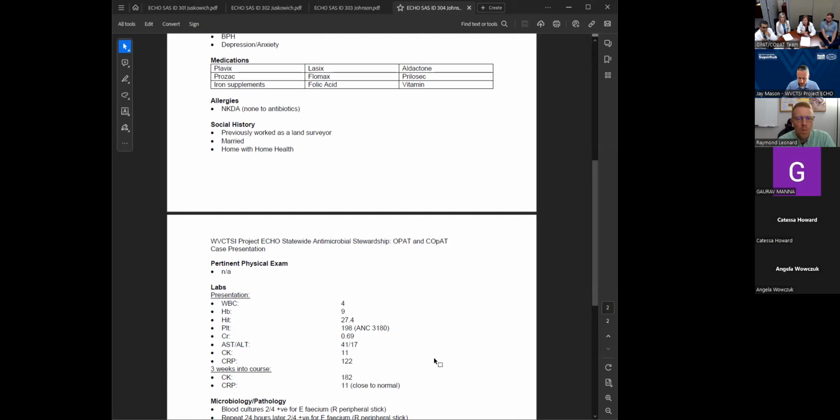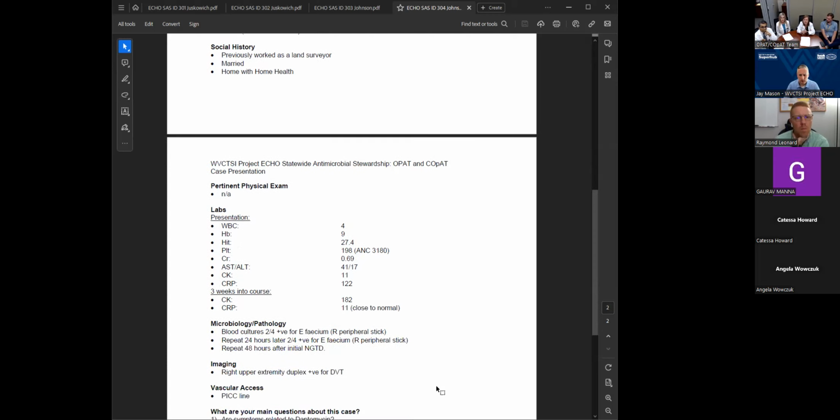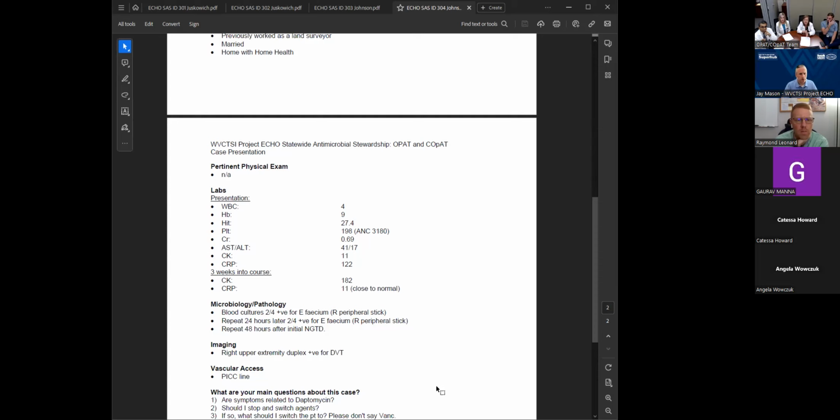His CK at that time was 11. And then about 2 to 3 weeks into course, when he was calling me, the labs from the day before had actually shown that he had a normal CK. It was 182. And his CRP was 11, which is really close to normal on our scale of less than 8.